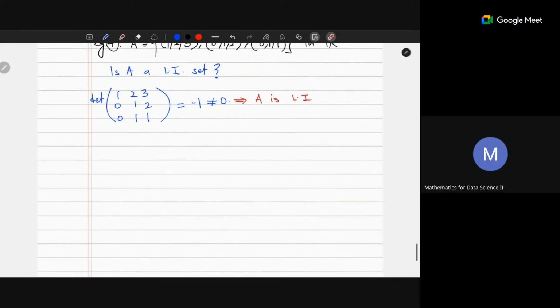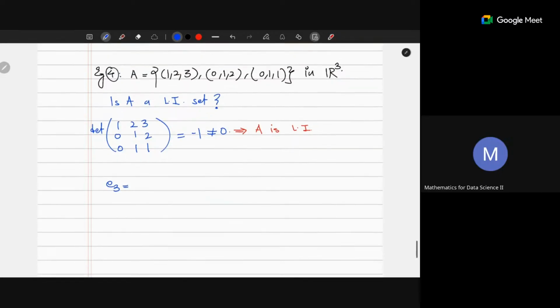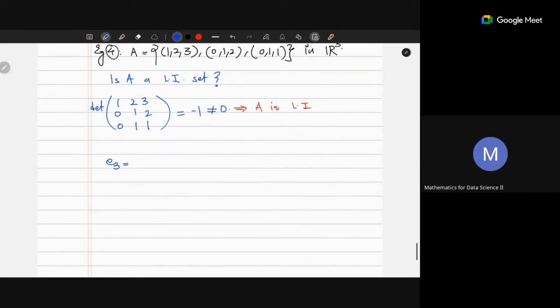So let's do that. My e3, because I've already calculated E1, E2, so I don't need to calculate E1, E2 again. My first two vectors are the same. So E3 is V3 minus the projection of V3 in the direction of V1 minus the projection of V3 in the direction of V2.